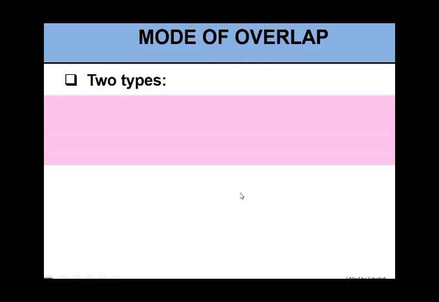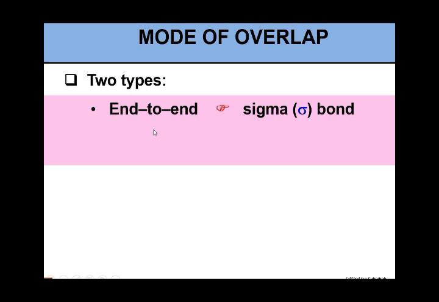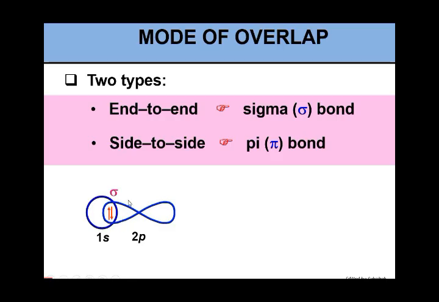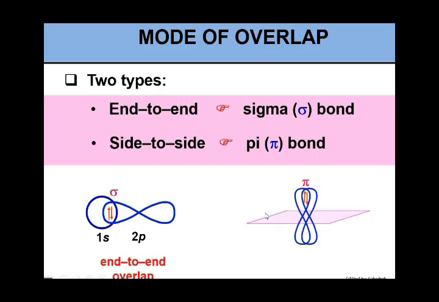Mode of overlap. If end-to-end overlap, we call it a sigma bond. If side-to-side, it is a pi bond. End-to-end is sigma bond. Side-to-side overlap is a pi bond, and the side-to-side overlap must be parallel to each other.